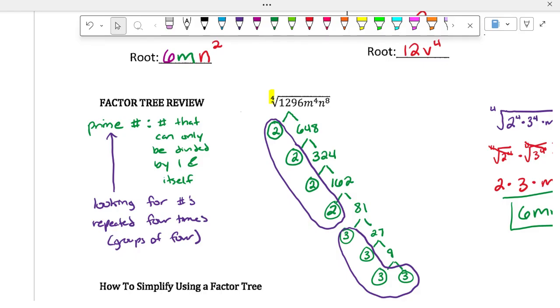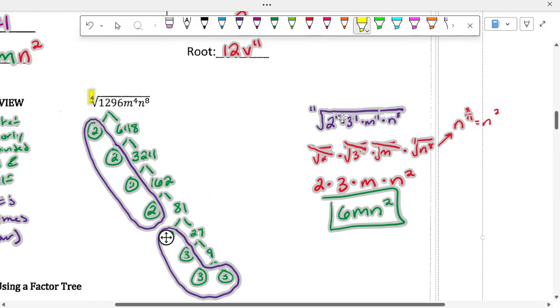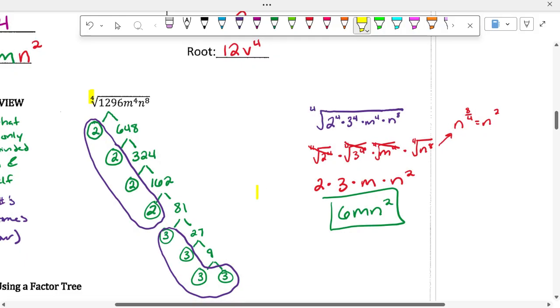If it was a cube root, you'd be looking for groups of 3. Fifth root, groups of 5. Does that make sense? And then you can rewrite it using that number raised to that power, because then it's really easy to get the roots.